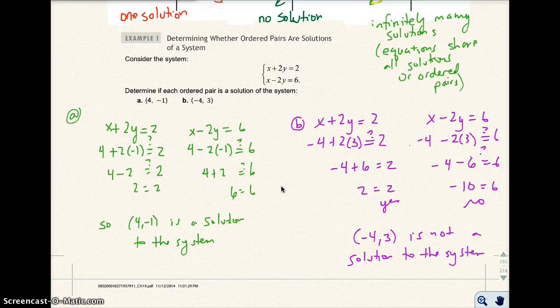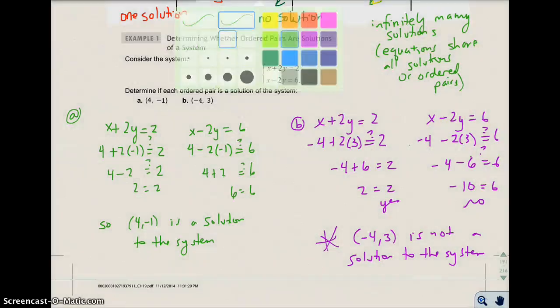It has to work in both. It only works in this one, but does not work in that one. So that's that, and this is that.